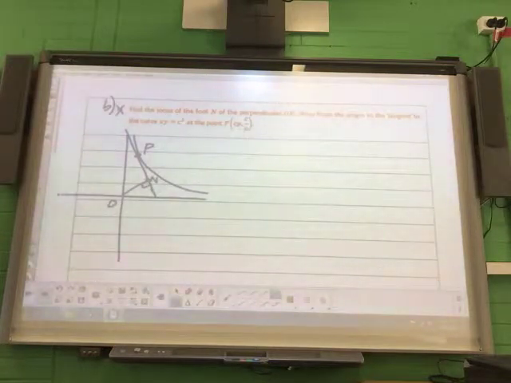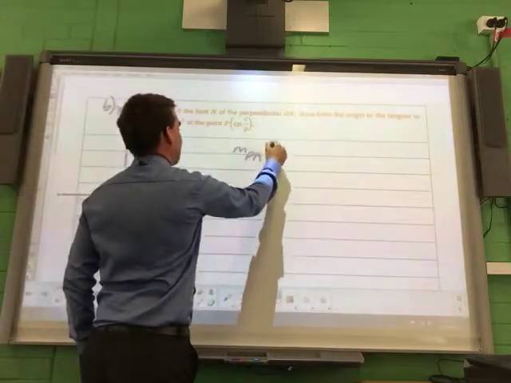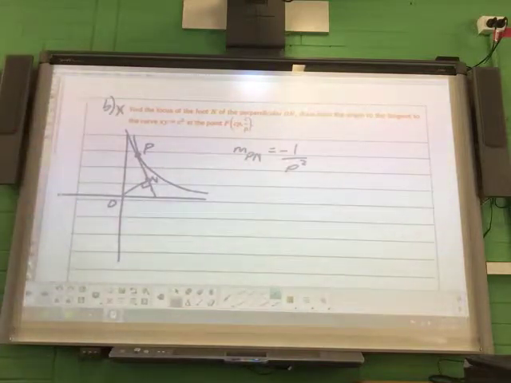Right, so what is the gradient of PN? What's an expression for the gradient of PN, I should say. We've already done it right at the start when I derived it, so we'll just take our word for it now.